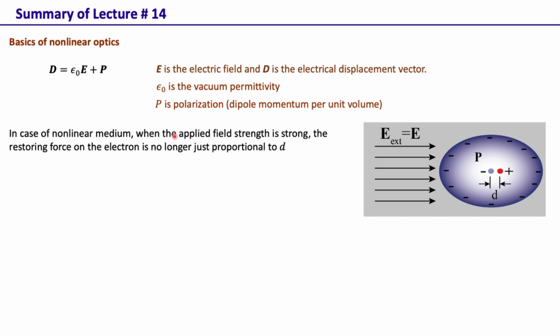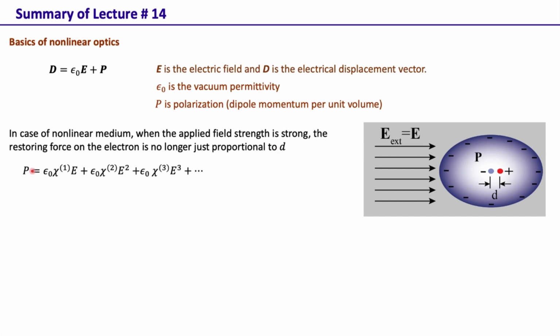When the applied field is not very strong, that's when a medium acts as a linear medium, and the restoring force on the electron, and thus the dipole and polarization, are all proportional to d and thus to E. But when the applied field is quite strong, the medium starts acting non-linearly, and the dipole moment and the polarization are no longer just proportional to d.